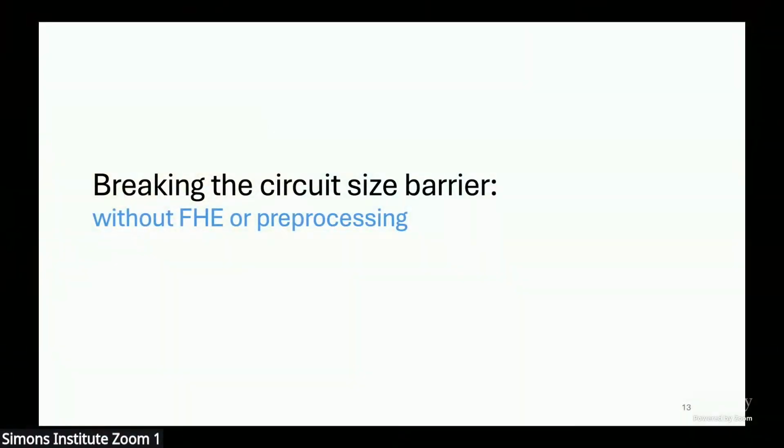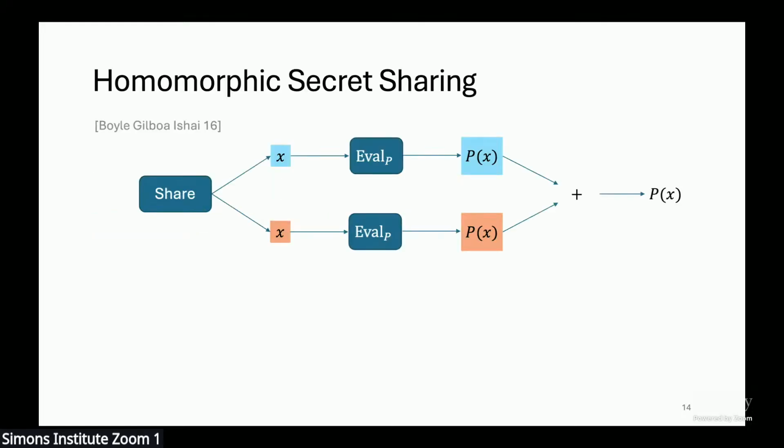Who knows? So now what if we don't want to rely on FHE, and we also don't want to rely on this preprocessing model? What can we do? So enter homomorphic secret sharing, which you can think of as the little brother of fully homomorphic encryption, where now instead of a single server evaluating encrypted operations on ciphertexts, we have a distributed version where we have two servers who each perform their own evaluation algorithm.